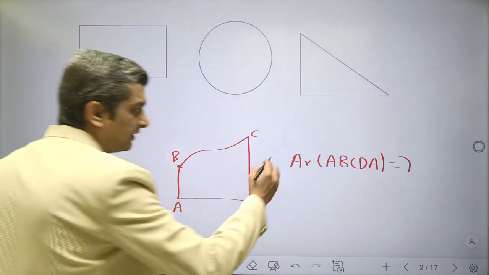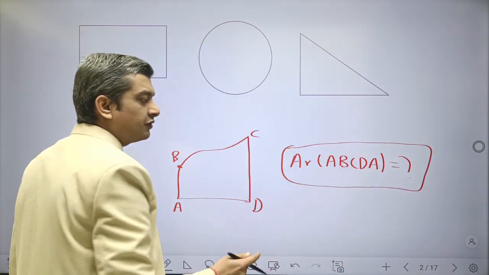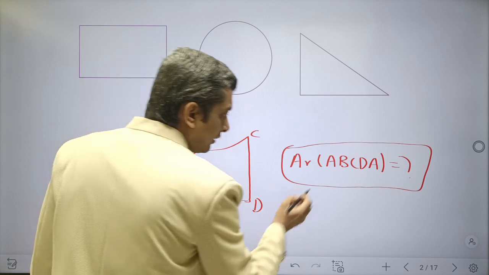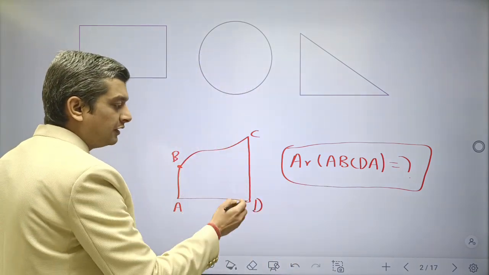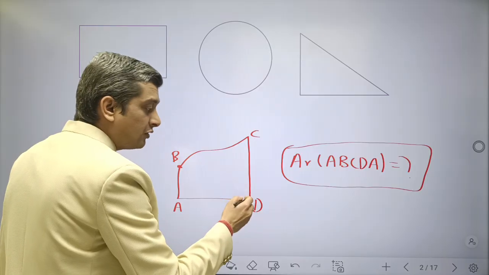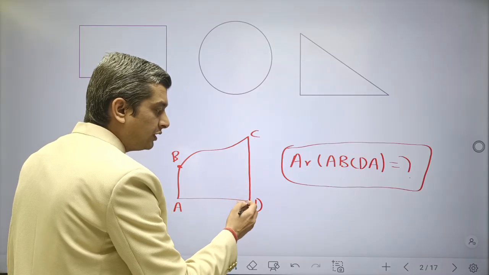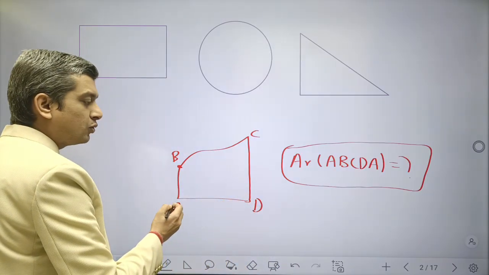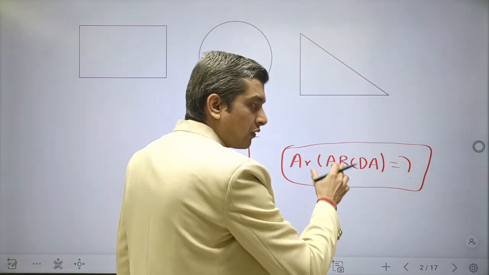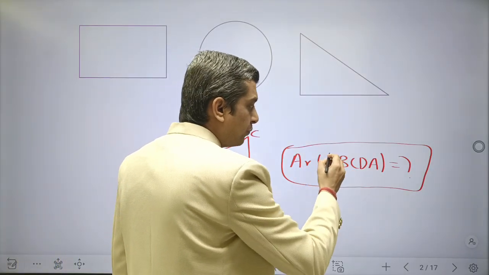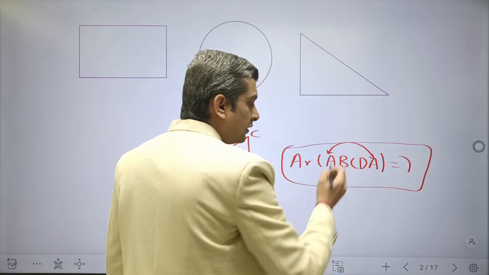While writing the area, you must know the sequence in which we write. We start from point A, then B, C, D, and from D we come again to A. You must write the name of the area in such a way that the opening and closing point are the same.